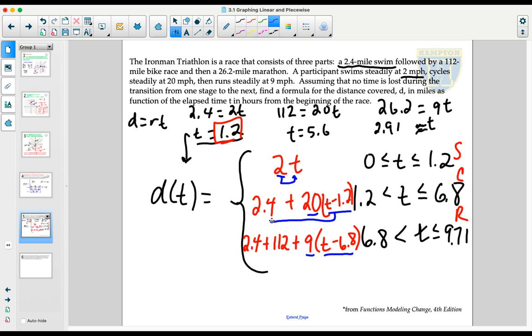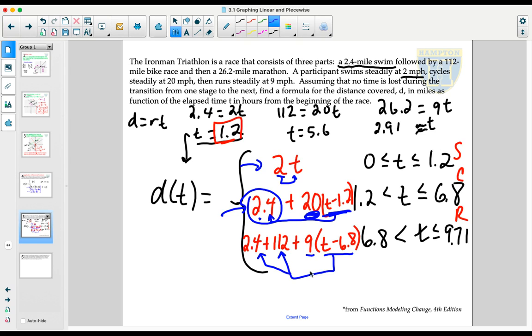We compensate for that by including the finished part of the race elsewhere in that part of the piecewise. So the swimming section is simply done at 2 miles an hour. For the cycling section, the 2.4 miles of swimming is already done, plus the 20 miles an hour for the extra amount of time it is to get the cycling done.